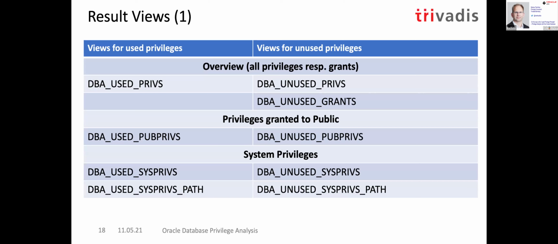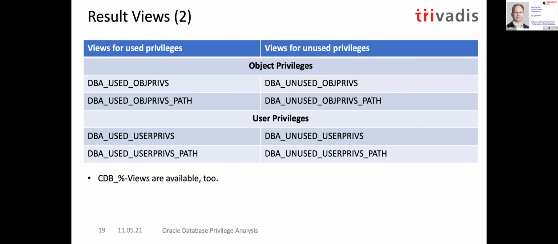And there are different categories: public privileges, system privileges, so create session, create table, etc., and object privileges and user privileges.